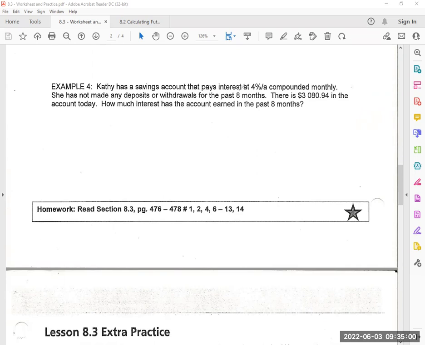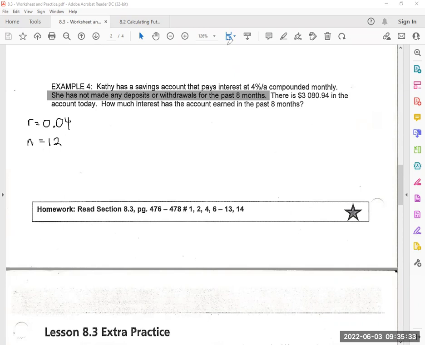Kathy has a savings account that pays interest at 4%, compounded monthly. I'll write that right away. And then this is just a little thing to make sure that no one makes any weird assumptions. She doesn't take any money out, okay?